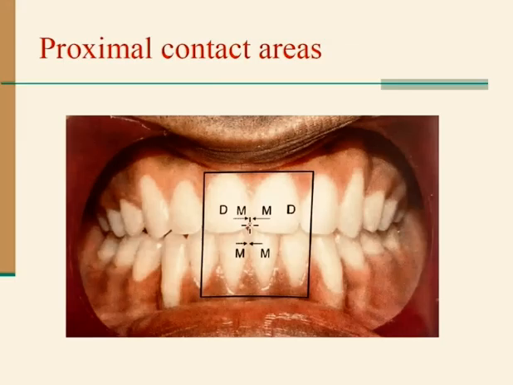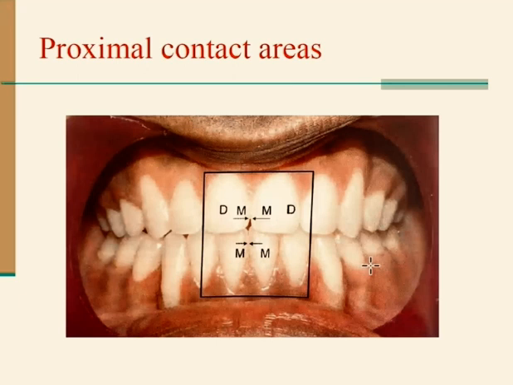We have two exceptions. In all the teeth the distal contact area is more cervically located, except in the mandibular permanent first premolar, the mandibular 4, where the mesial contact area is more cervically located compared to the distal contact area.